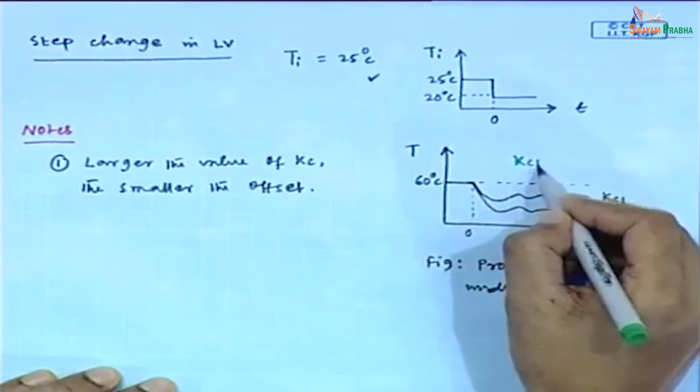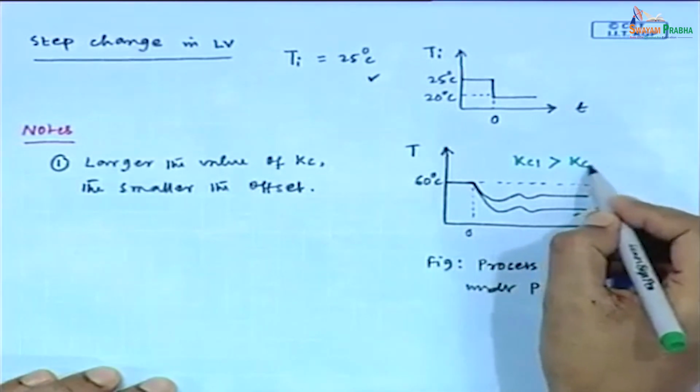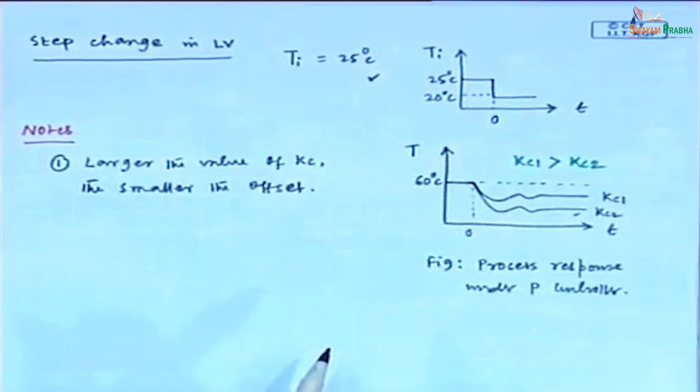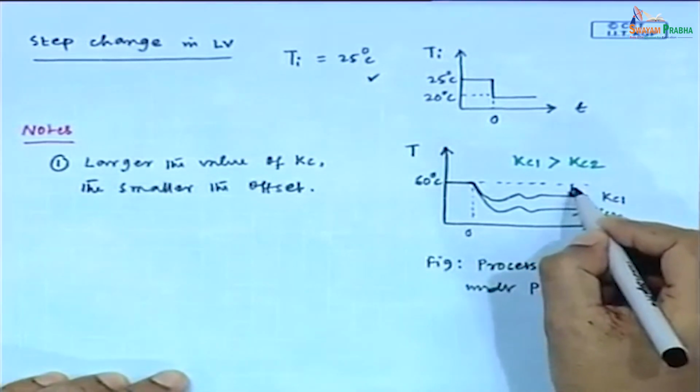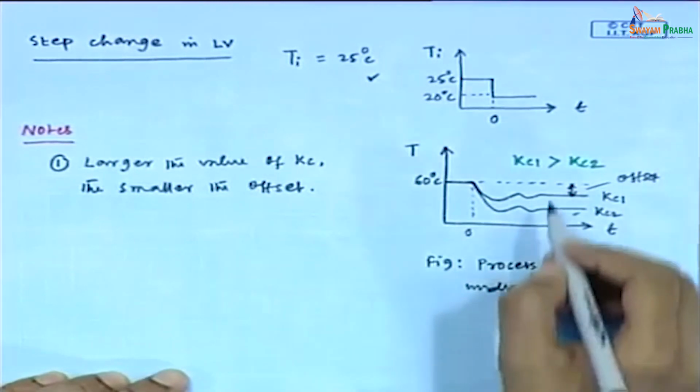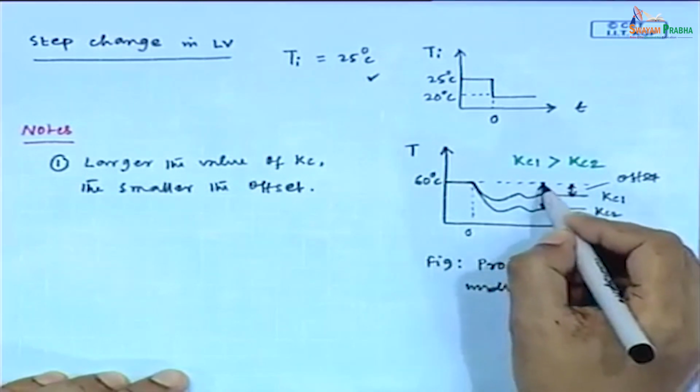Now, here Kc1 is greater than Kc2. This is the observation. If we introduce a step change in Ti, the tank heater system under P only controller responds in this way. That is why we concluded here that the larger the value of Kc, the smaller the offset. Fine. This is the offset for the case of Kc1. This is offset. And for Kc2, this is the offset.